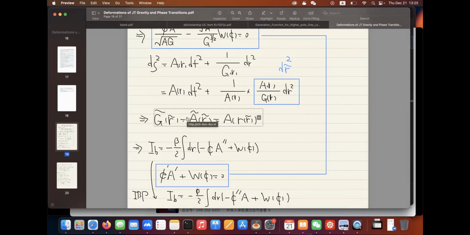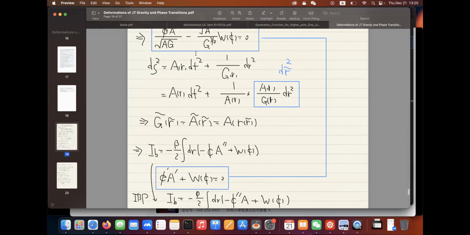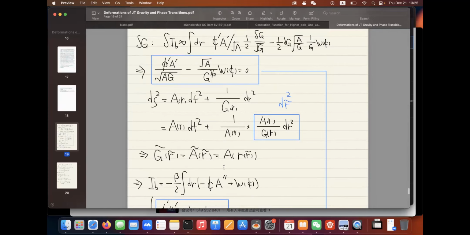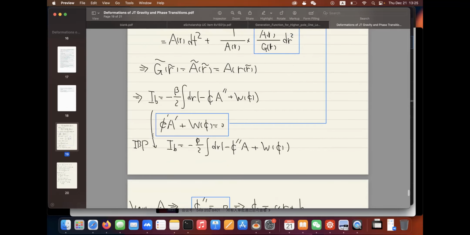So we can simplify the action to this form, and in this form we can vary phi. We have varied g, but in this equation there's no g, so you need to use this equation, and impose the condition that g equals a, then you will simplify the equation to this form. Oh, it's quite simple.